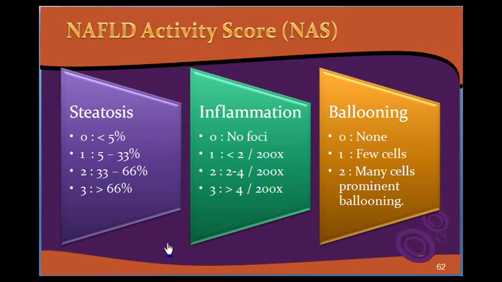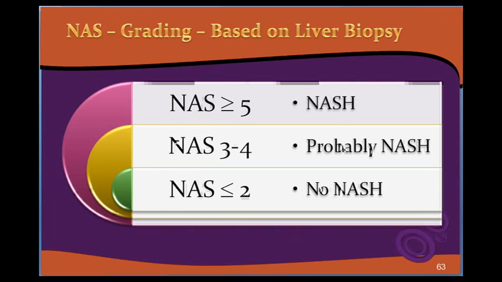Depending on these histological changes, the scores 0, 1, 2, 3 are given for steatosis, 0, 1, 2, 3 for inflammation, 0, 1 and 2 for ballooning, and the summary score is arrived at for the interpretation, which we will see in the next slide.